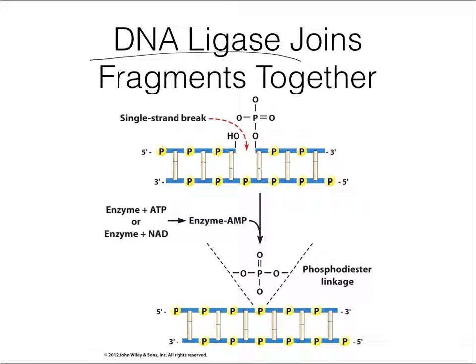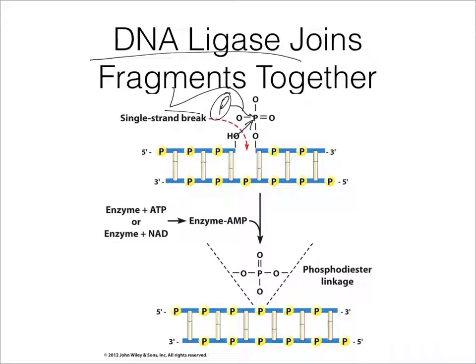And what happens is the enzyme, and usually ATP, because this requires energy, attaches an extra phosphate onto this, and then it uses the energy of that extra phosphate to create a bond from there, and then you'll have another phosphate here, and that phosphate will leave.